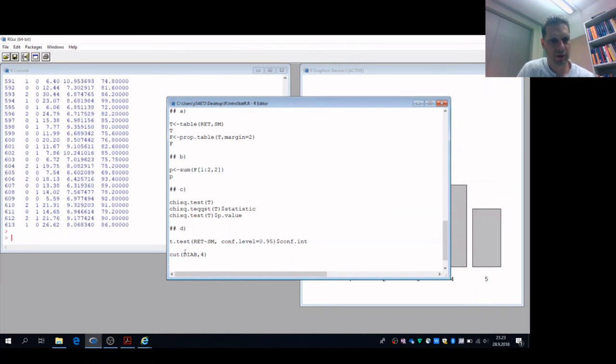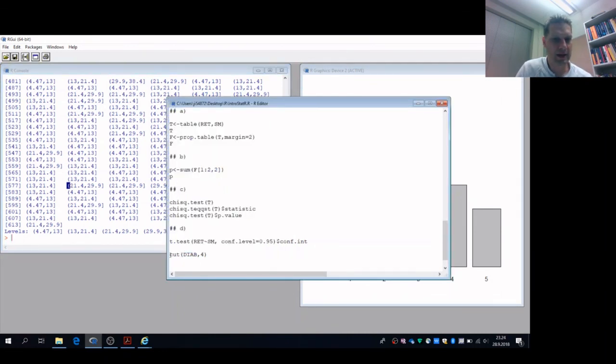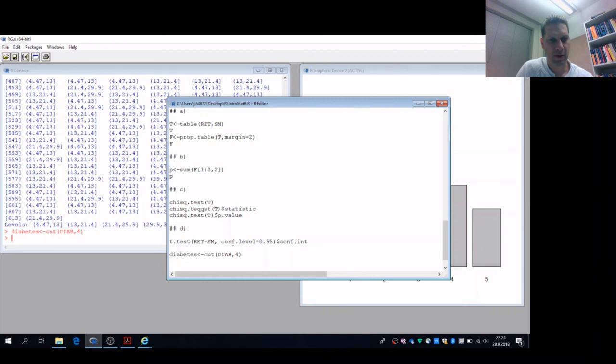This cut function will create categories which are pretty much equal in length, so that they cover the whole range of values, and I would call this our diabetes variable, how many years it has been since the diabetes was first diagnosed.